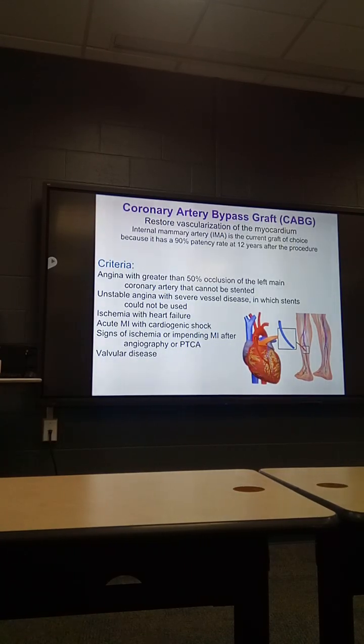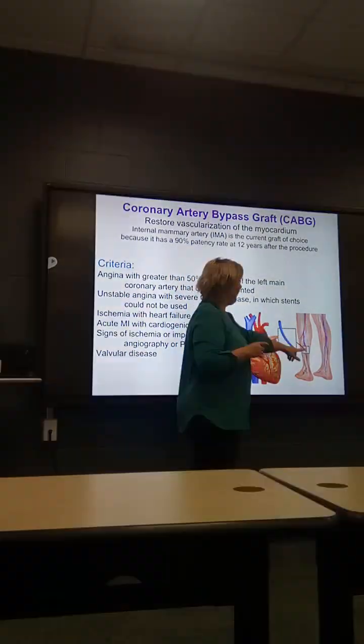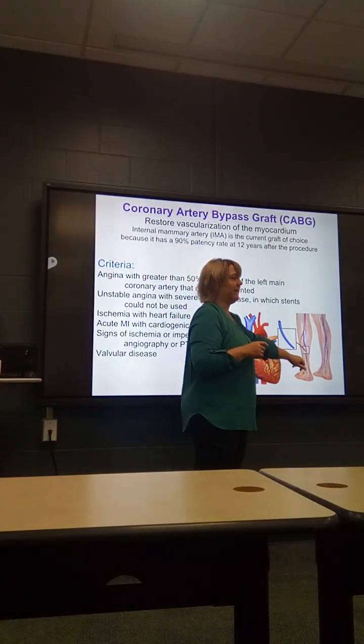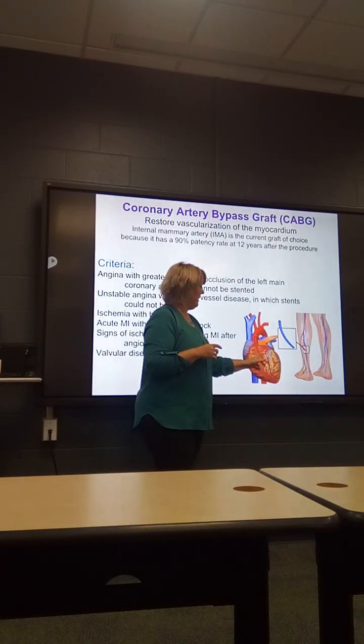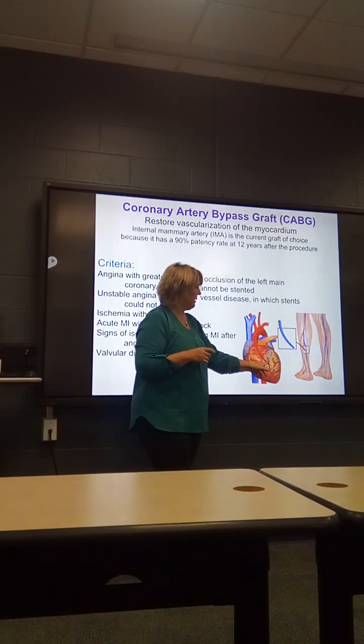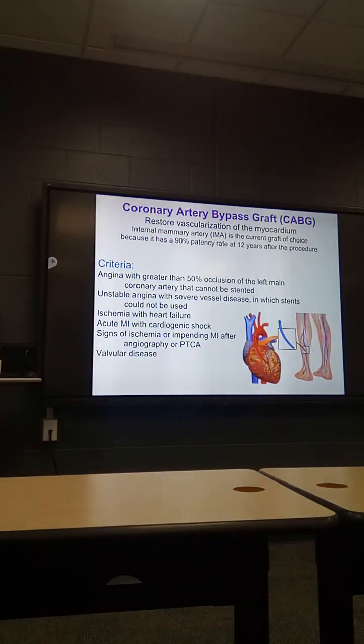So what they're doing is taking an artery or a vein from another vessel, usually the leg, and they are attaching it to the aorta and just distal to the blockage. So here's the blockage, so they'll attach it to that area of the heart, because then that will restore blood flow to that area of the heart.